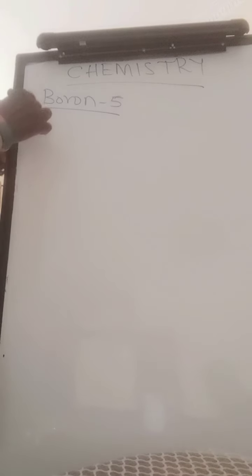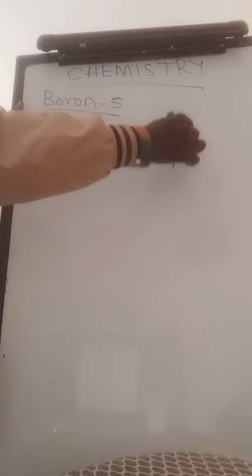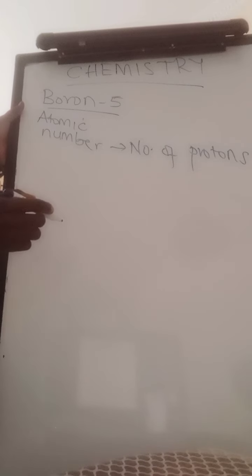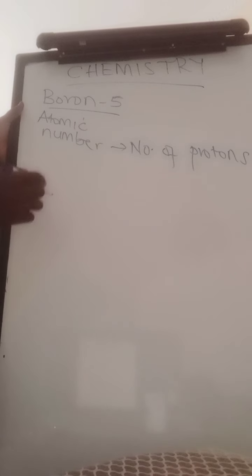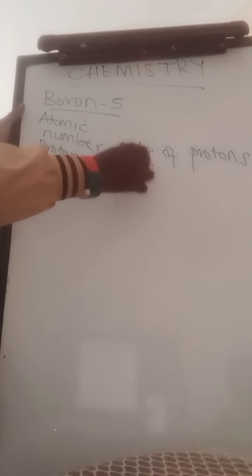And we actually know very well that atomic number is the same as the number of protons, isn't it? And we said proton number is equal to the electron number.